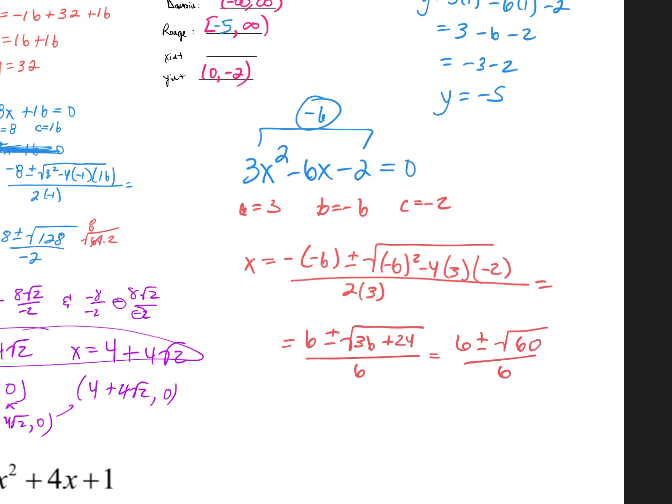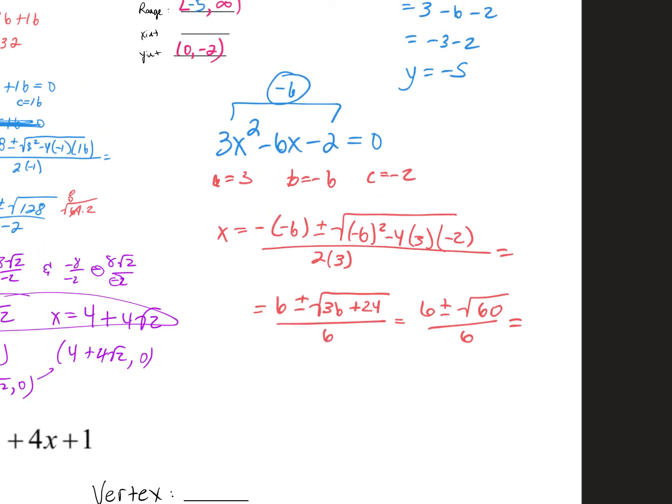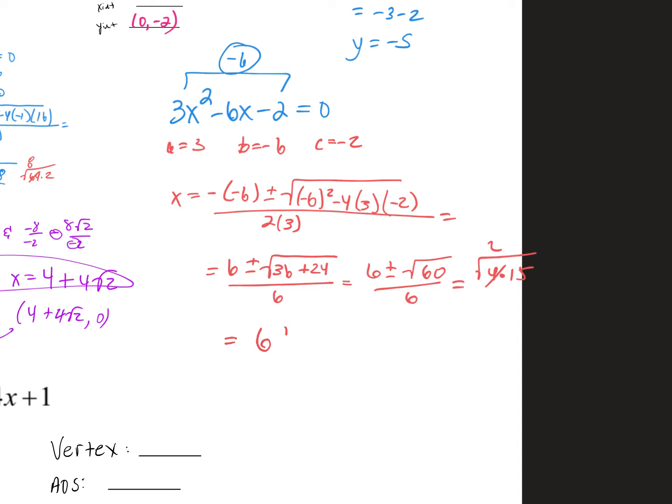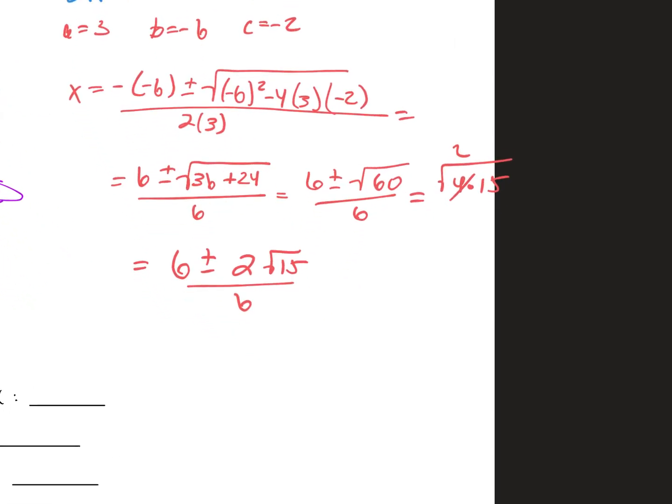60 under the radical. Can I break up 60? Sure can: 4 and 15. So this becomes 6 plus or minus 2 root 15 over 6. What happens here?